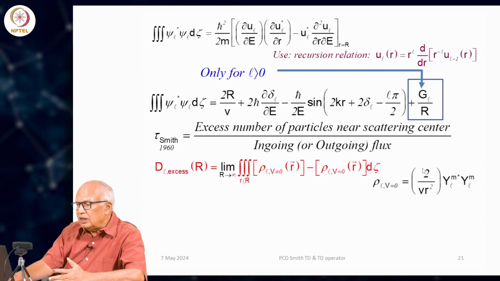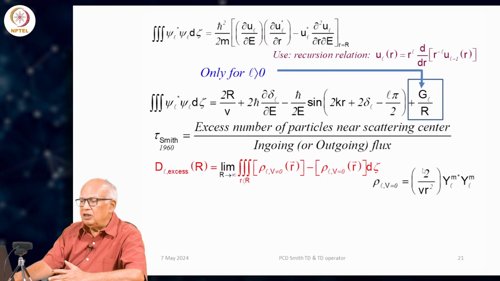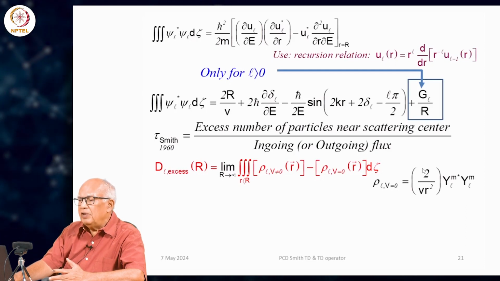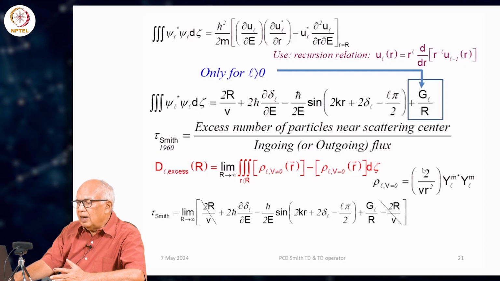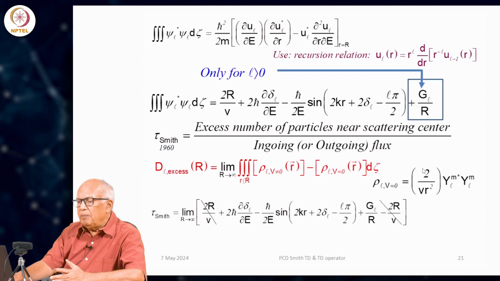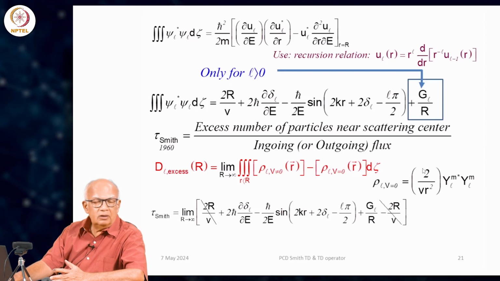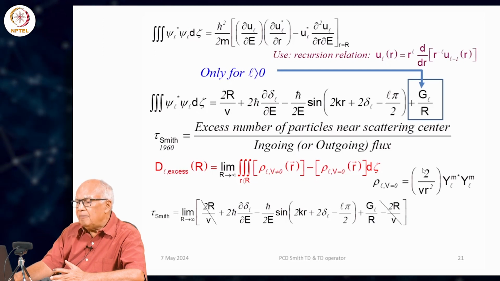We have all the terms, we determined what it is for the 0 potential, we have determined it when the potential is not 0, and we now get the Smith expression for the time delay.